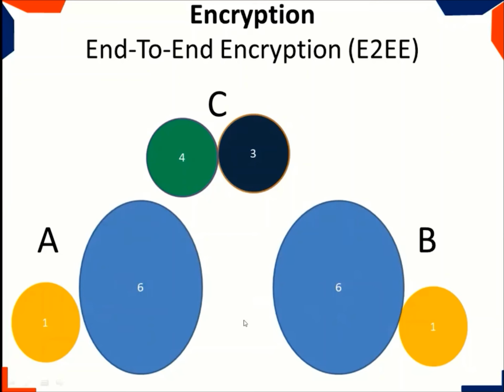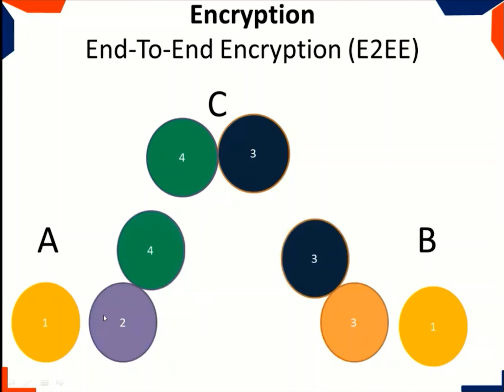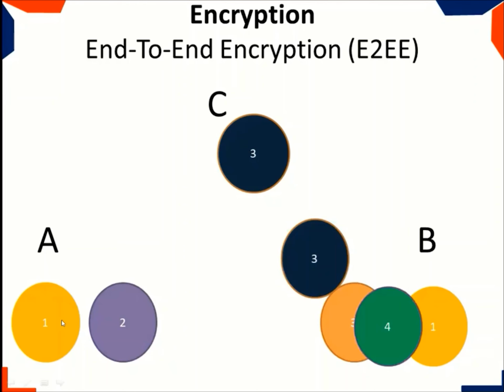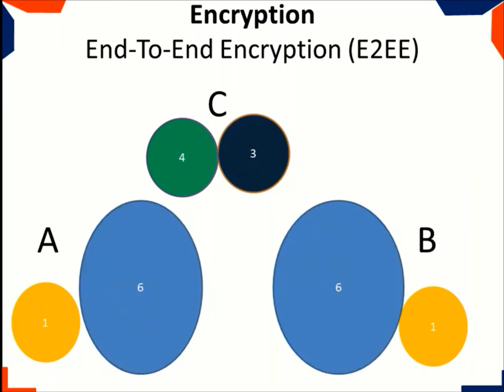So both of them will have the unique 6th number as the encrypted number, which C will never come to know unless A gives his unique color or unique number to C, or B has given his or her unique number to C. So unless C gets one of these colors, he will never be able to arrive at this color.